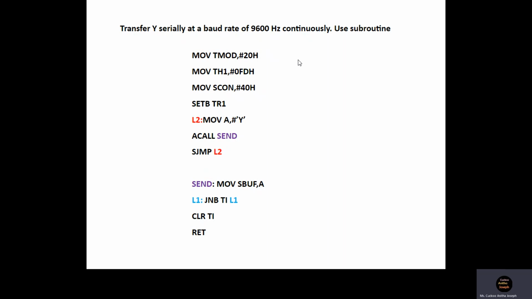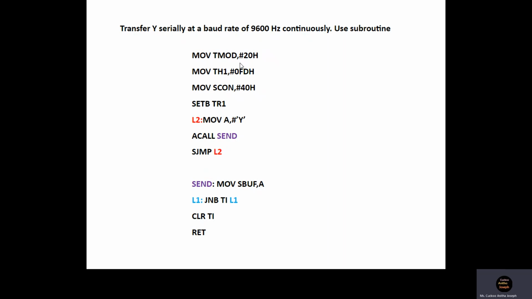So the lower nibble will be 0 since timer 0 is not used, and GATE and C/T bar of timer 1 should also be 0, and M1 M0 bits for timer 1 should be 1 0 because we require mode 2. So the binary pattern will be 0 0 1 0 0 0 0 0. The hexadecimal equivalent will be 20H. So you have to load 20H into the TMOD register. The instruction for that is MOV TMOD, #20H.